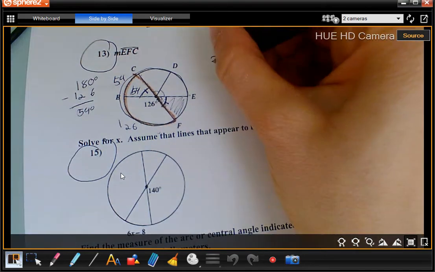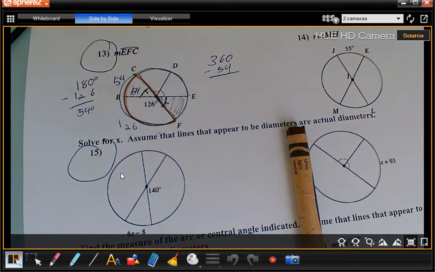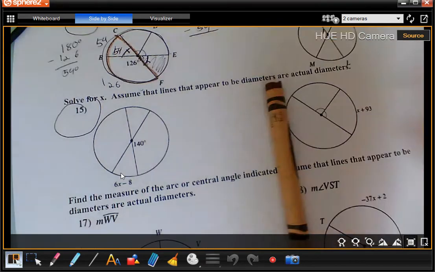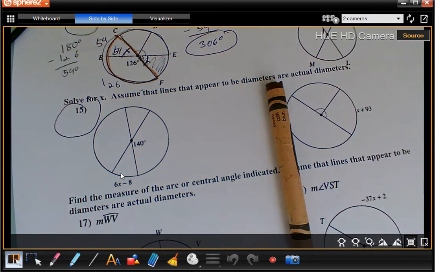So we can just go 360 minus 54, and we get 306 degrees, which is my final answer.